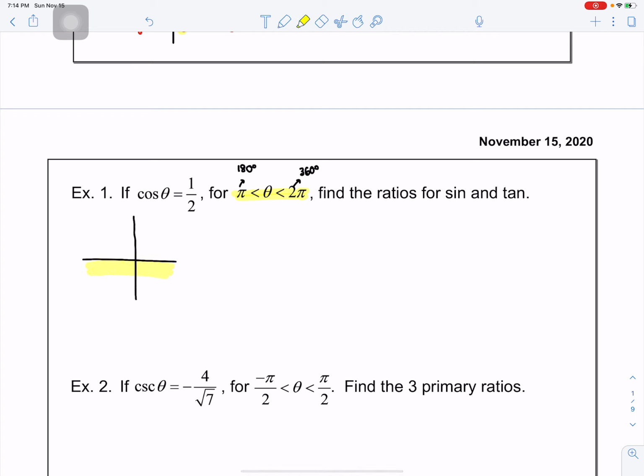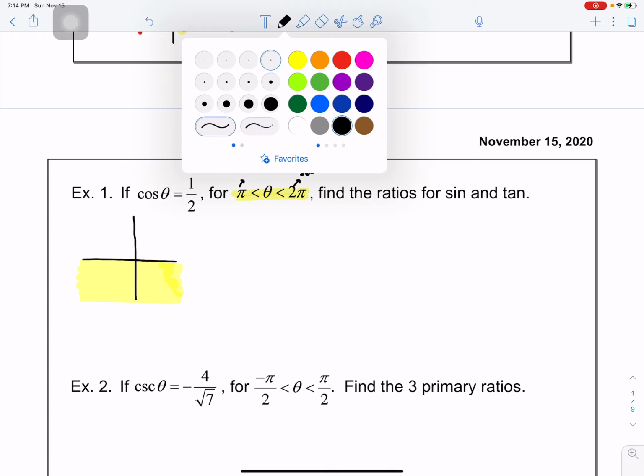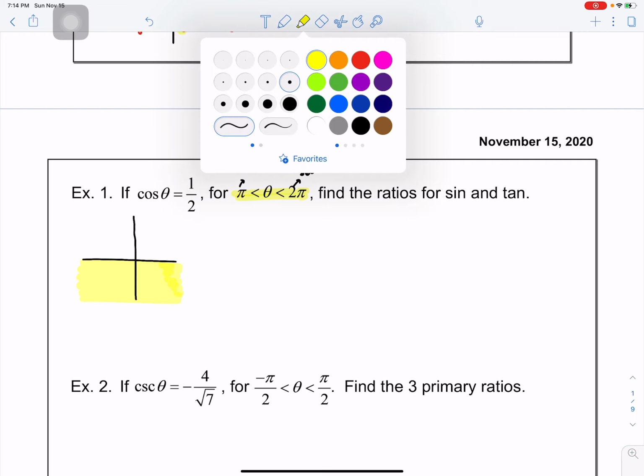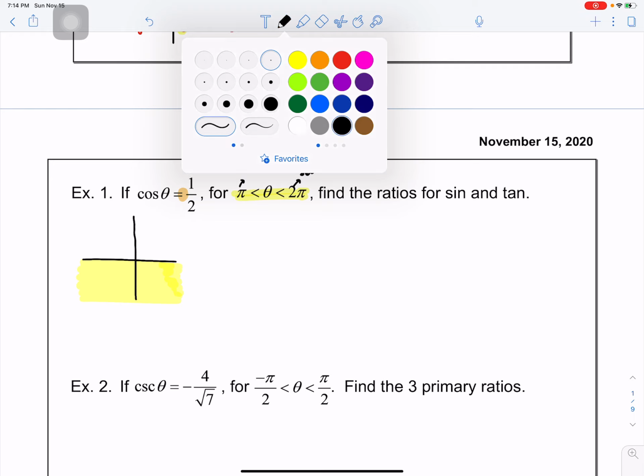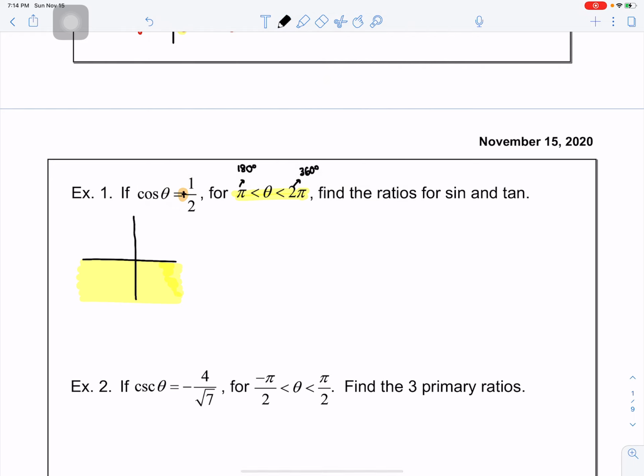So right now, I know that I have an angle that's between 180 and 360 degrees, moving in a counterclockwise direction. But I also have a clue because in here, they're not giving me a sign for cosine. So I'm assuming that the sign is going to be positive.